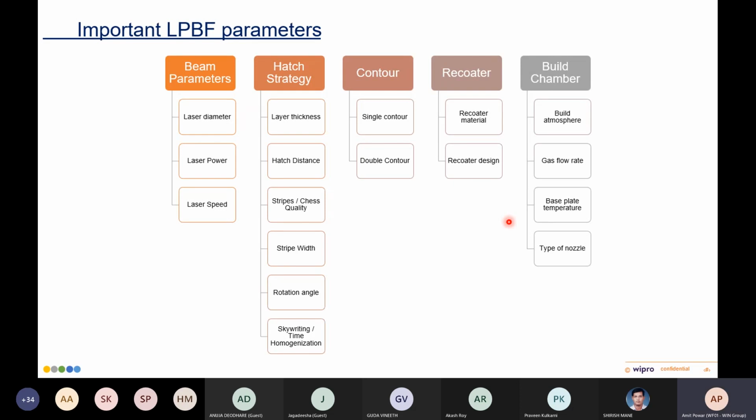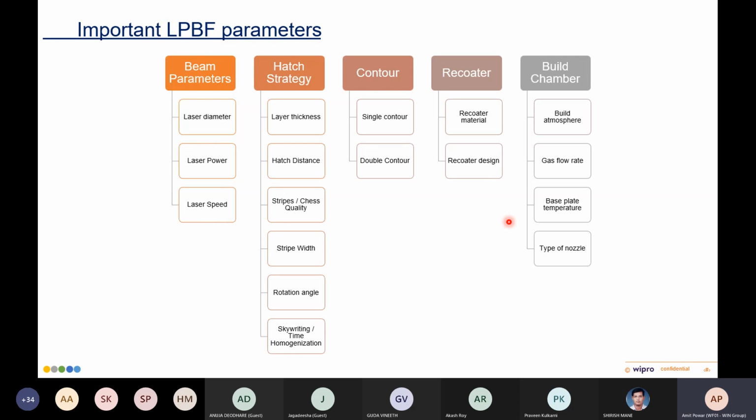So I will tell you what the important LPBF parameters are. Here I categorized these LPBF parameters into different sections. Some of the parameters related to the beam are laser diameter, laser power, and laser speed.